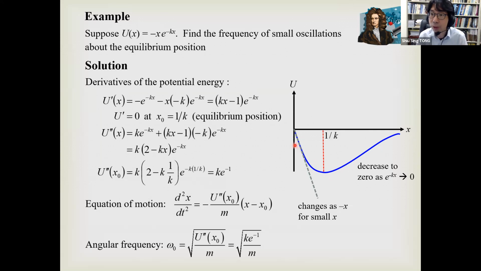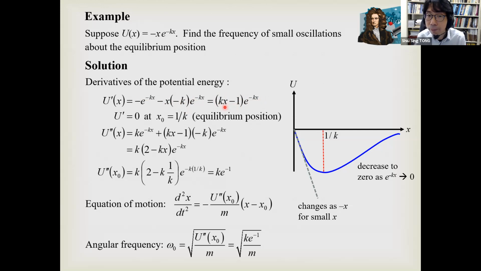Okay, so let's do it. Now let's take the derivative of U. I don't bother with the mathematical details. I think with this simple function, you can handle the differentiation yourself. So I differentiate this using the product rule. I differentiate x first, and then I differentiate the exponential term, and I sum up the two, and I get this value, (kx minus 1) times exponential of minus kx.